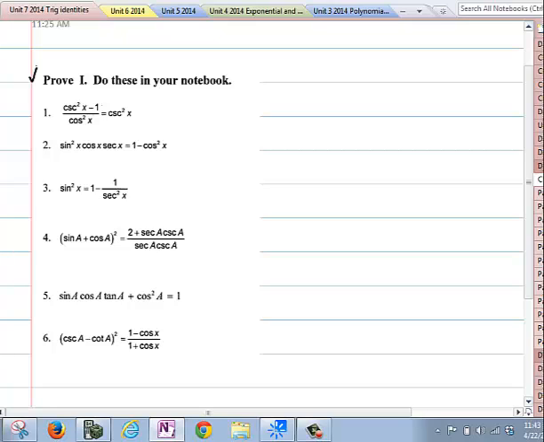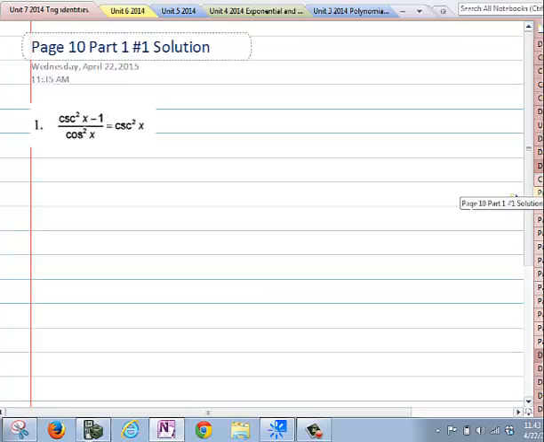So here we go. The first problem says prove that cosecant squared minus 1 over cosine of x is equal to cosecant squared of x. So my first step would be to use an identity for cosecant squared of x minus 1. That is the identity shown to the right.